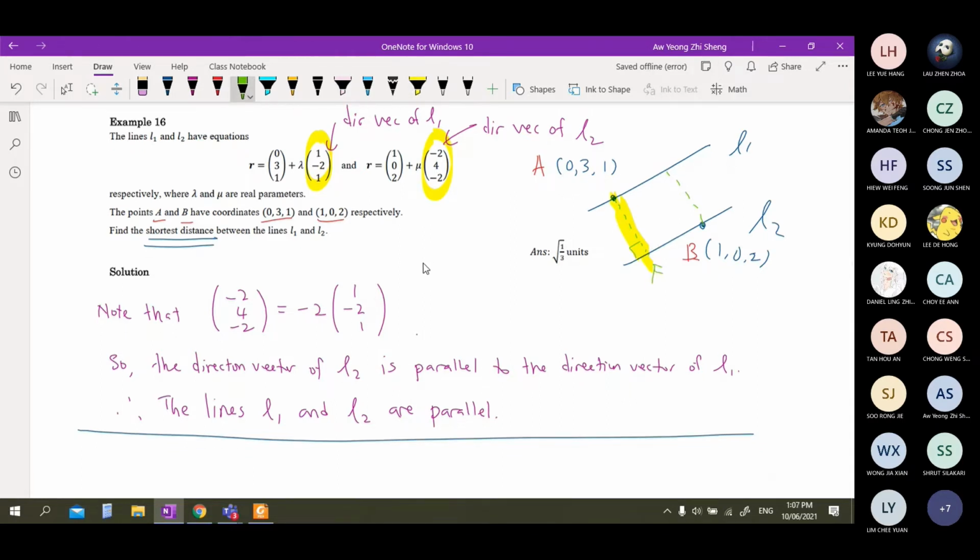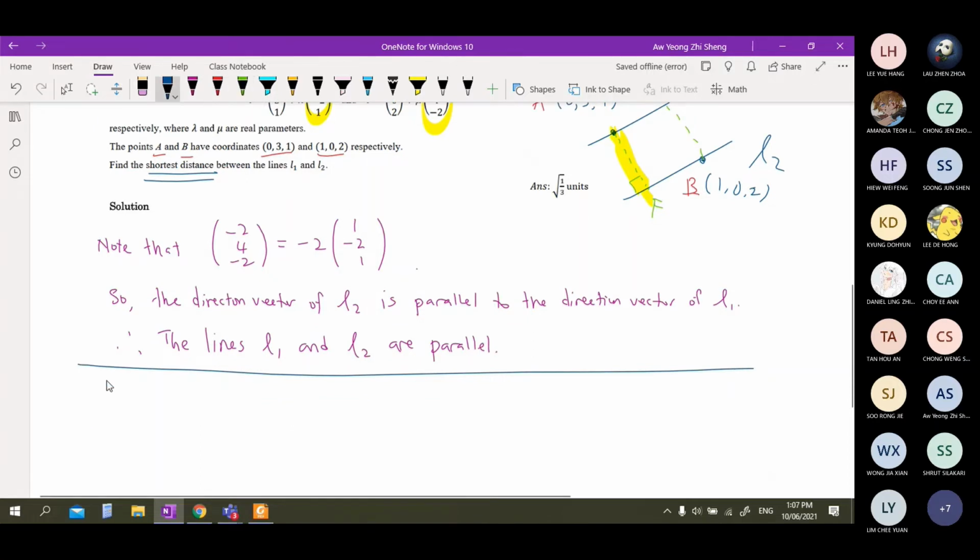Now let's introduce F. Let F be the foot of perpendicular from A to L2.